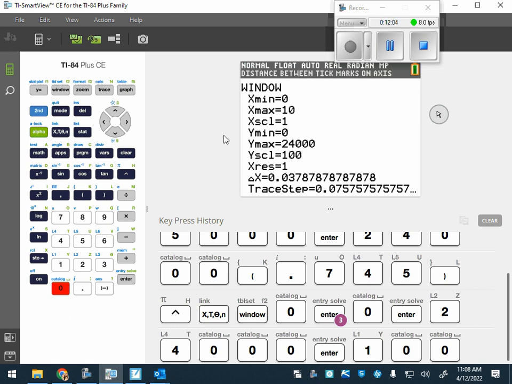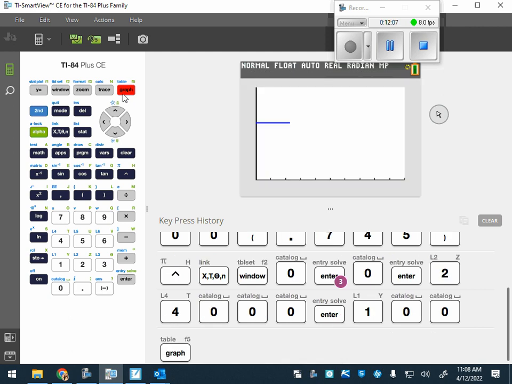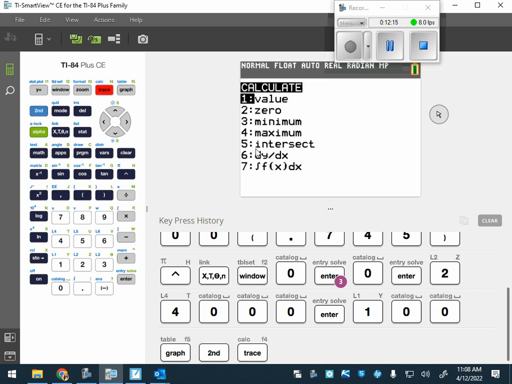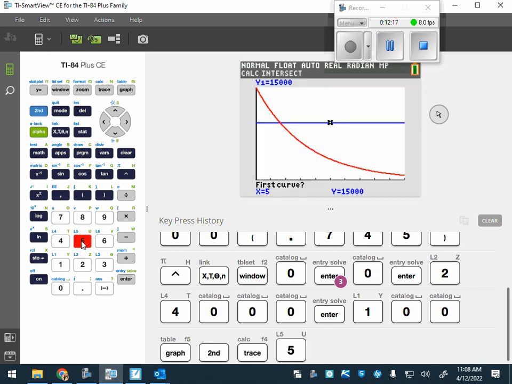You just want to see the actual line across. So hit graph. And then to find the intersection, second trace, number 5, and enter 3 times. 1.6. Okay?